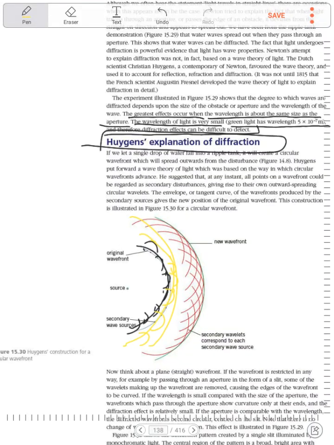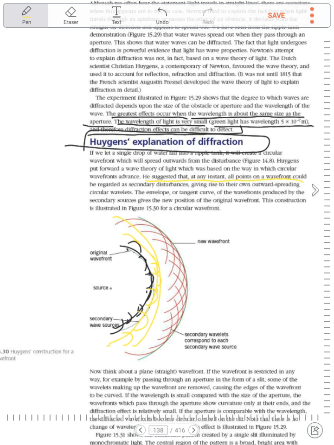So Huygens said that each point in the wave is a starting point for another wave. He suggested that at any instant, all points on the wavefront could be regarded as a secondary disturbance, giving rise to their own outward spreading circular waves.